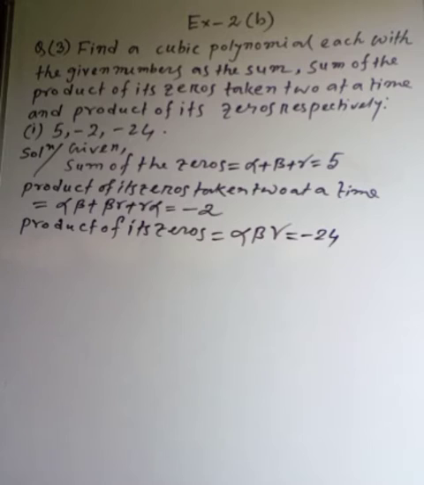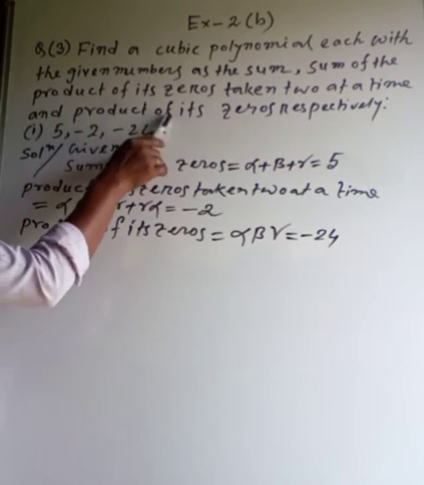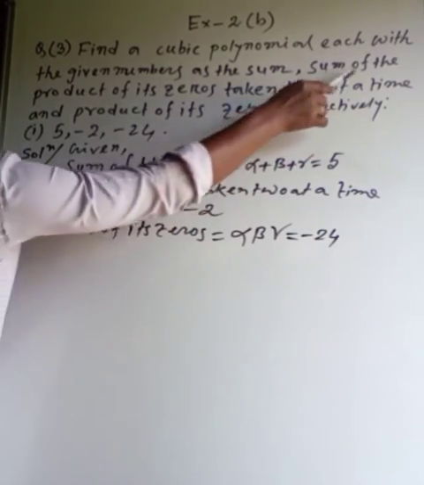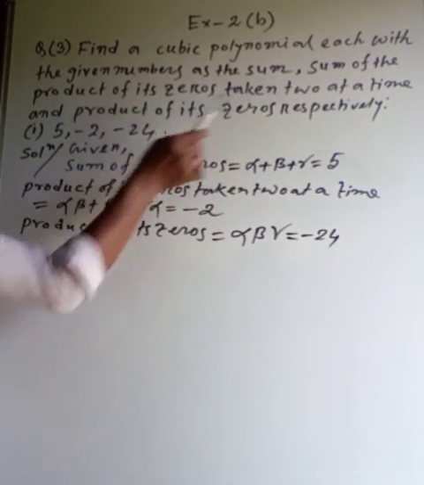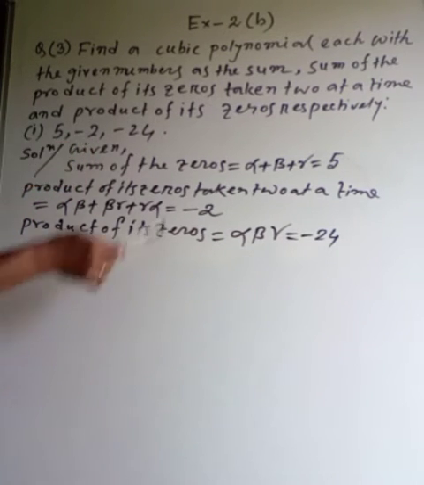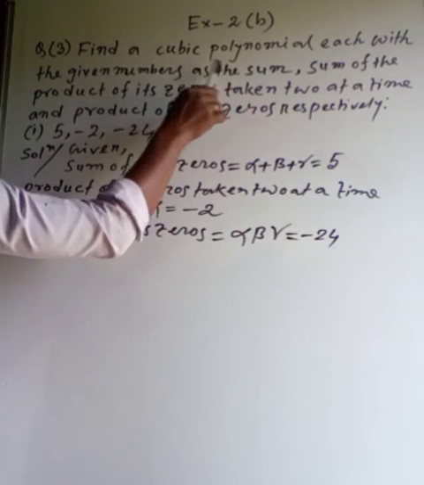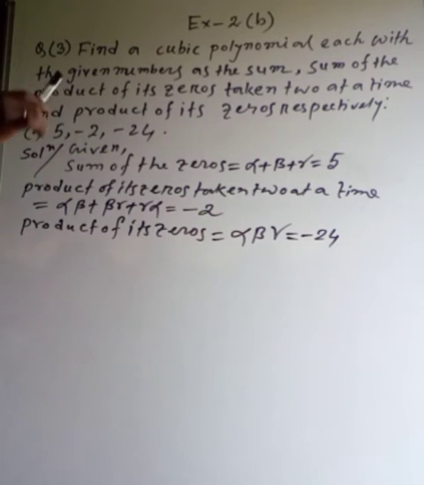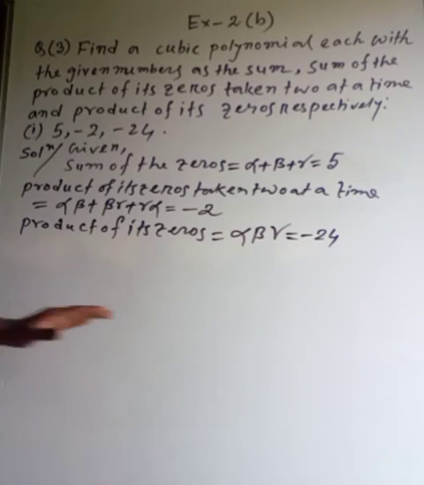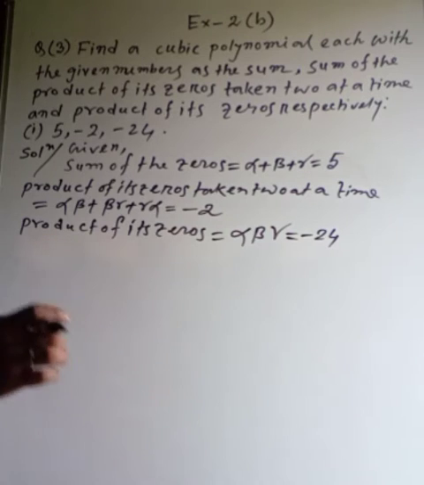So according to this, all this is given, product of its zeros respectively is minus 24. Then sum of the product of its zeros taken two at a time is minus 2. And the sum of the zeros means 5. So what is alpha beta gamma? Alpha beta gamma means the three zeros of the cubic polynomial.